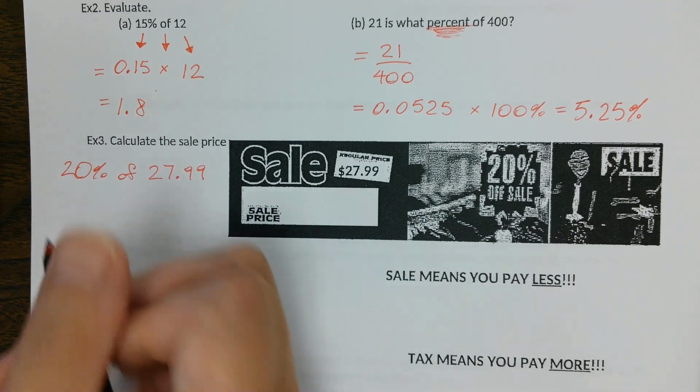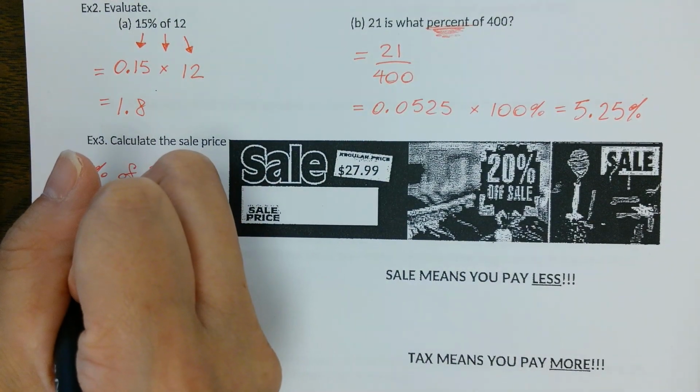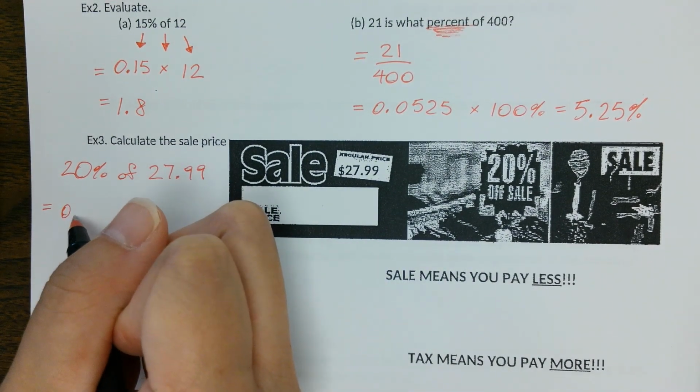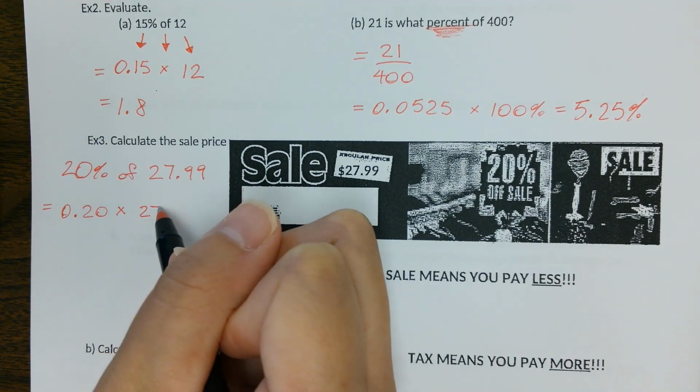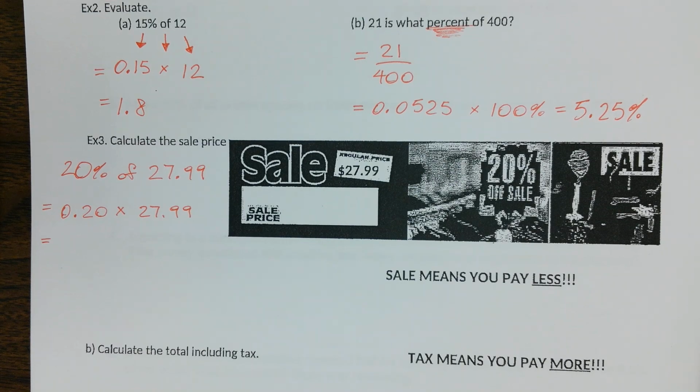What should I do? Turn it into a decimal. Yeah, so tell me what to write. 0.20. Perfect. And so 0.20 times 27.99.